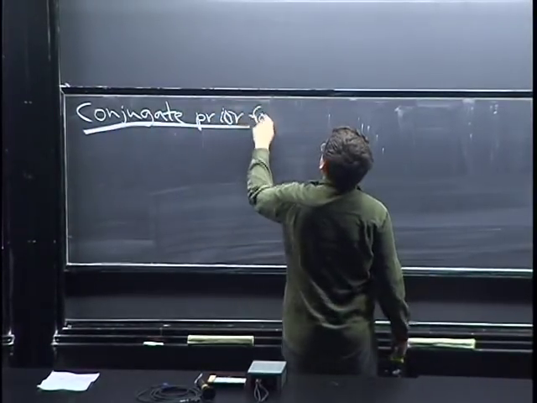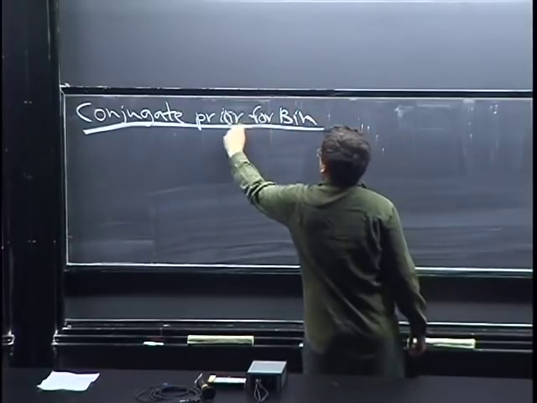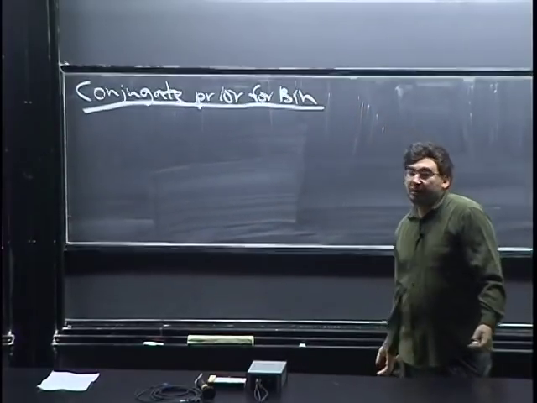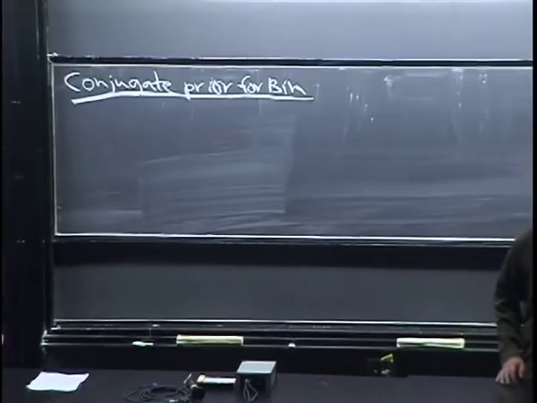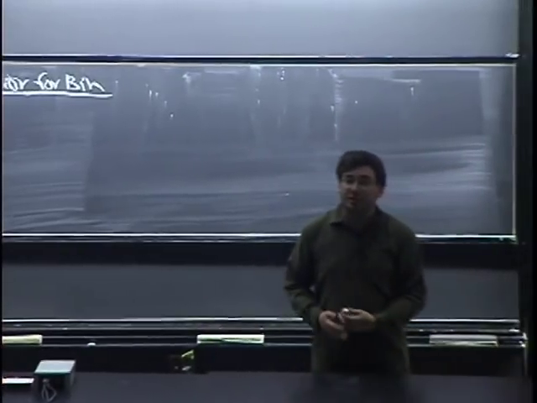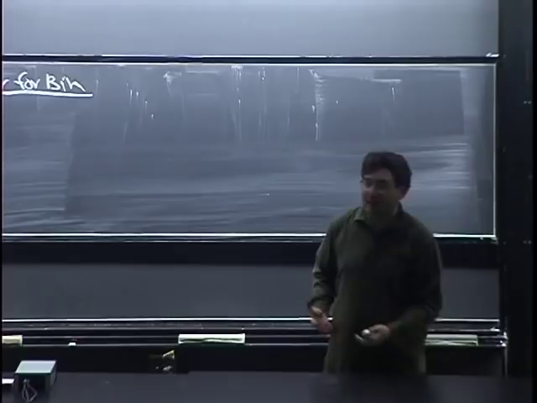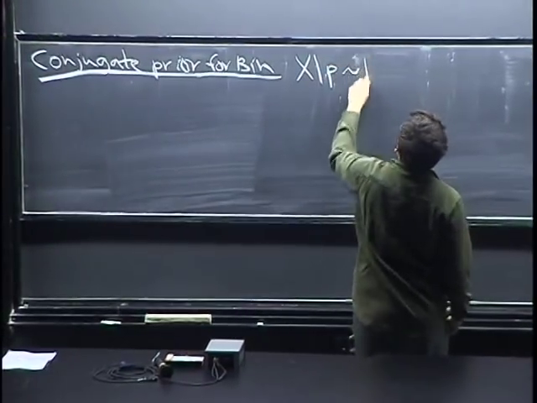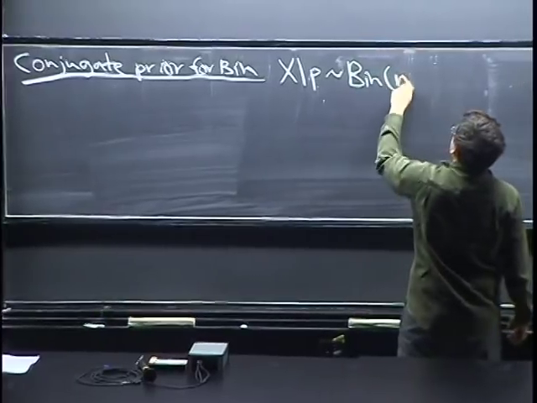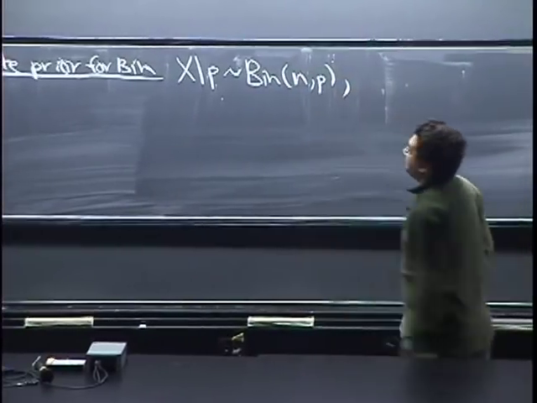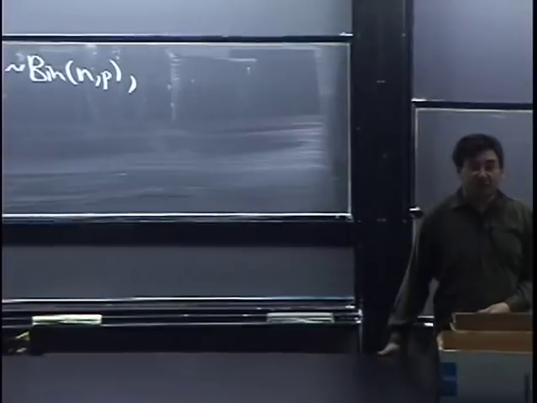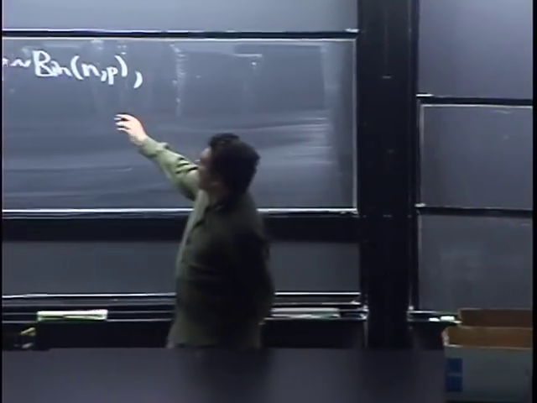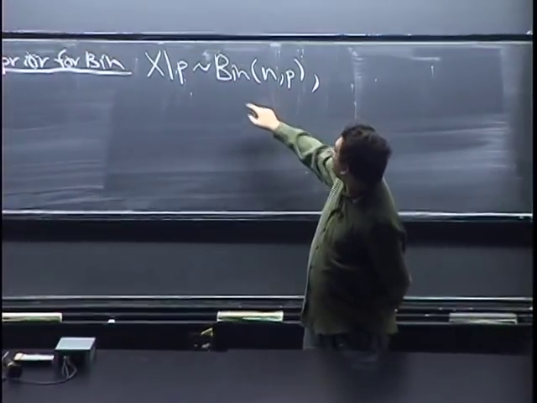So here's the conjugate prior thing for the binomial, and I'll explain the word conjugate as this develops. Here's the basic problem, which will look familiar, but we're generalizing. We observe a binomial given p: X given p is binomial. That's our old friend, the binomial.